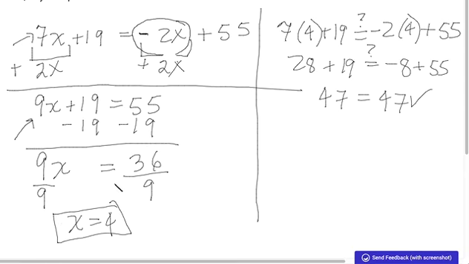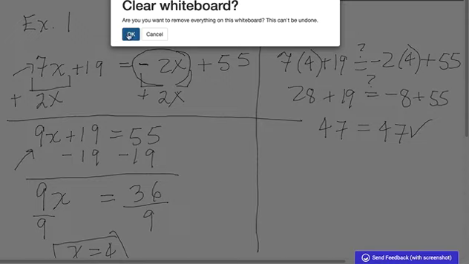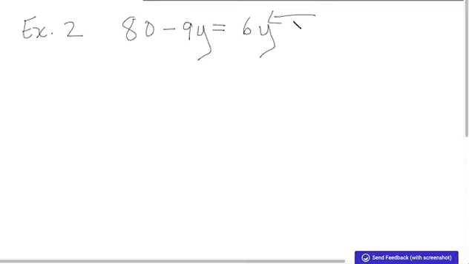All right, so now let's move on to example 2. In this case, we still are picking on the little guy here, but the point that I want to make is that sometimes you can see that the variable is already isolated on this side.